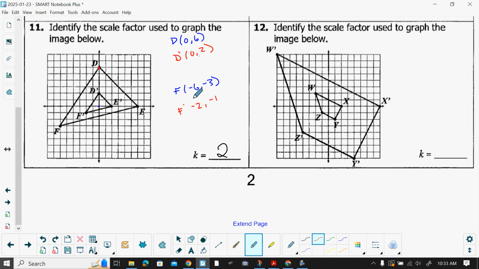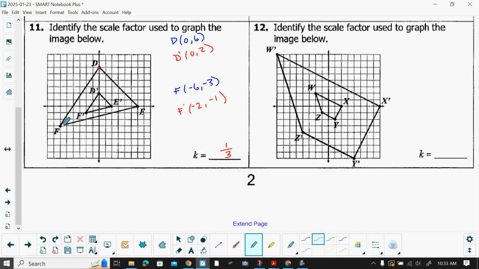That's my new point F. Is it the same thing? What is negative 6 times, oh, I wrote a 2. Why did I write a 2? I am so sorry. A third. Negative 6 times a third is negative 2. Negative 3 times a third is negative 1. I wrote a 2 because I said that 2 out loud, then I wrote it.